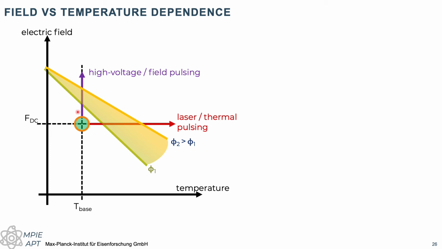So we don't field evaporate at just one rate. We can change the rate at which we do the evaporation. And what we want is always to be in conditions where it forms a network of curves like this. What we want is always to go from conditions where we are not field evaporating to conditions where we're field evaporating during the pulse, laser or voltage.